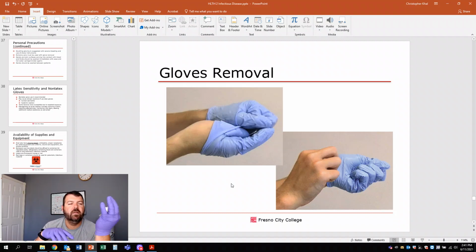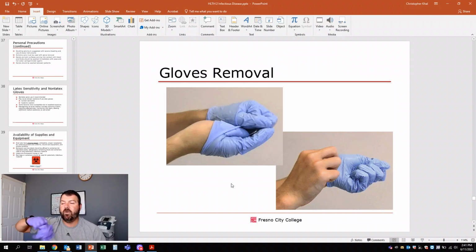So I'm going to put it all in one hand, and there's no sharps in this at all. Then I'm going to take right here in the middle and pull up. I'm not going to go underneath, because if I have anything on this hand, and you want to assume there's something on this hand, it could get in contact with my skin. So I'm just going to pull that nice and over.